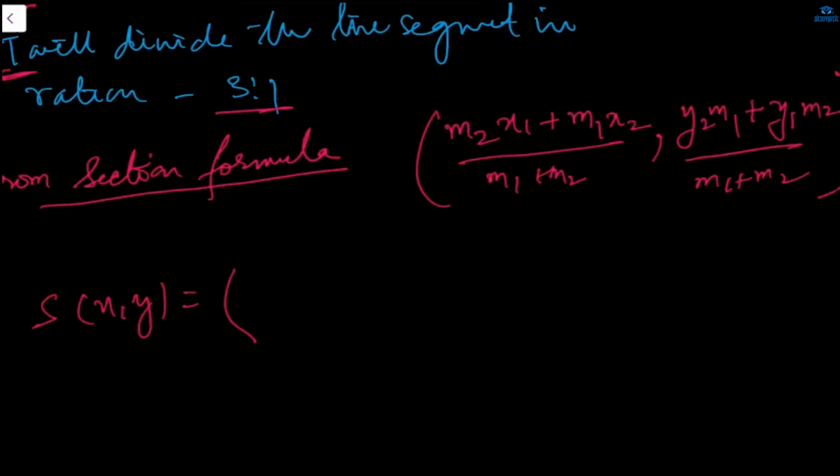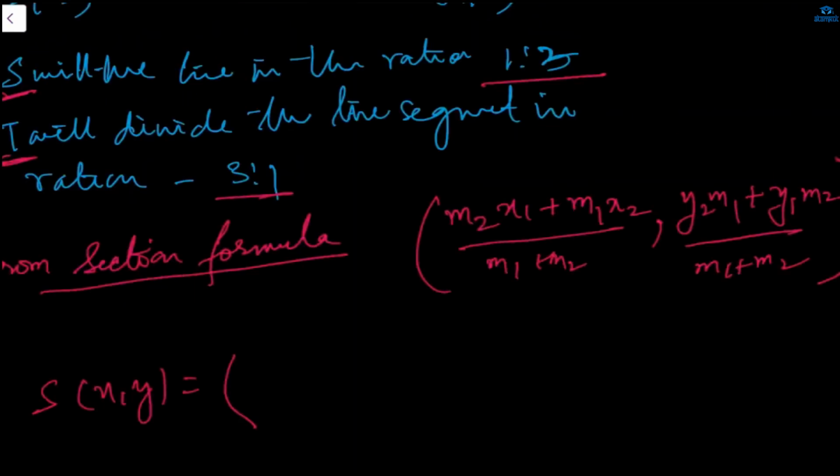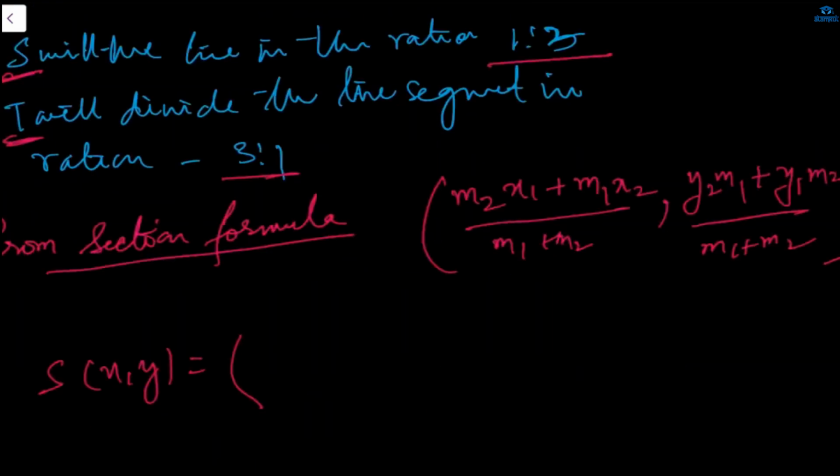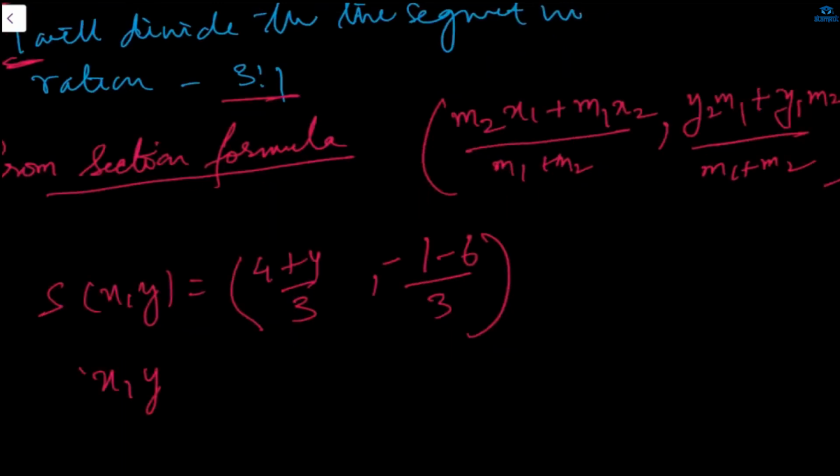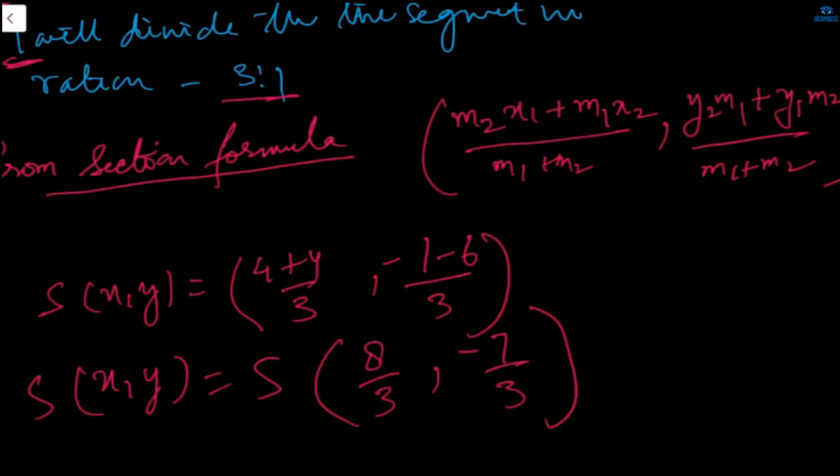So ratio was 1:3, and accordingly we are going to write. So it will be 4 plus 4 upon 3, -1, -6/3. Again we multiply and check. Then S(x, y) is equal to (8/3, -7/3). So this is for your S point.